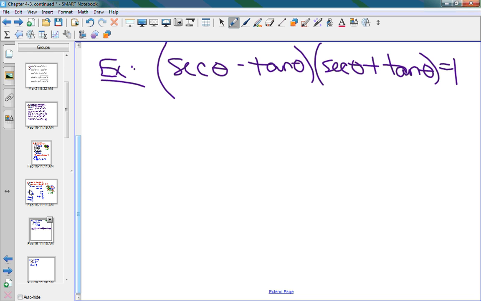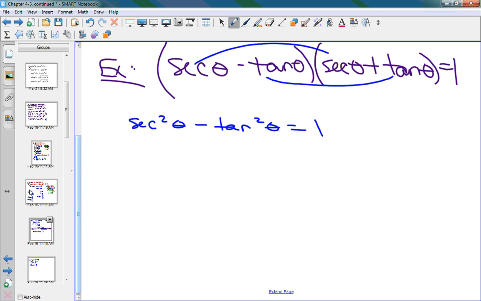They're conjugates, meaning they have exactly the same thing on the inside except for the middle term, which is what's different. Whenever I FOIL two conjugates together, what cancels? The inner and outer terms cancel. So I only have to do first, secant squared of theta, and last, minus tangent squared of theta, is equal to 1.